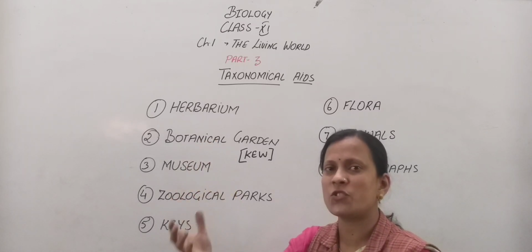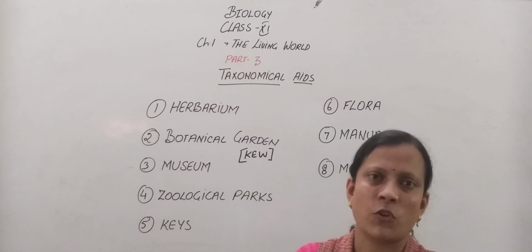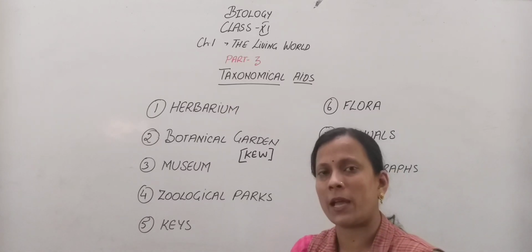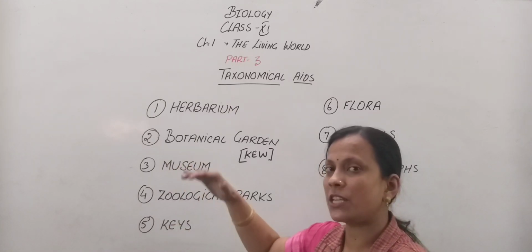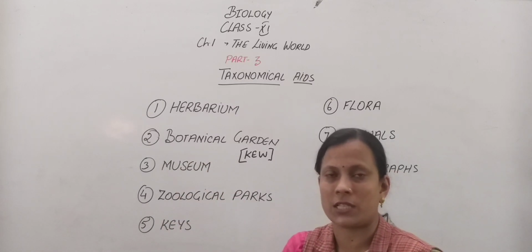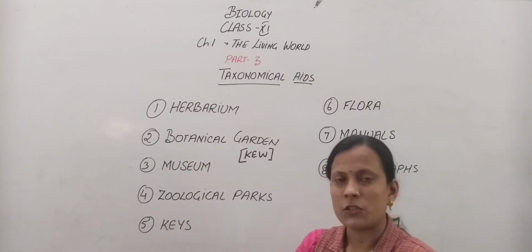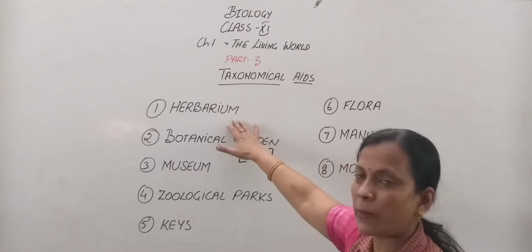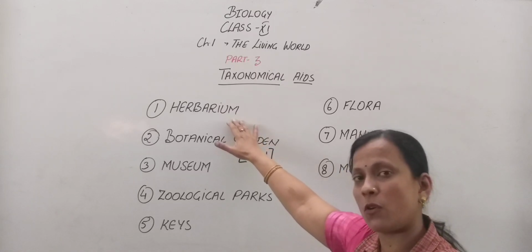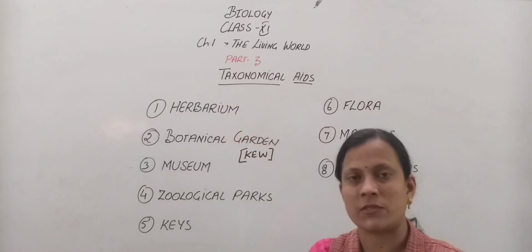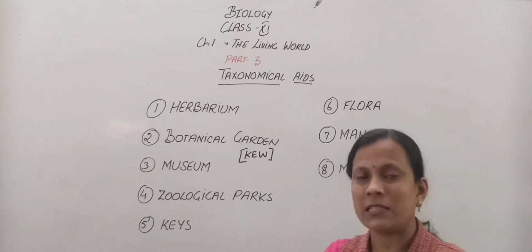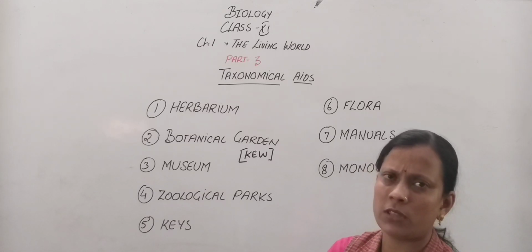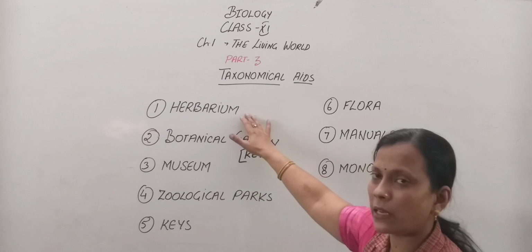If a person wants to check any kind of plant, he will find that sheet and learn how it looks. There are standard sheets and a standard protocol. On the sheet the name, the name of the collector, the date and all these things are mentioned. So this is the herbarium.